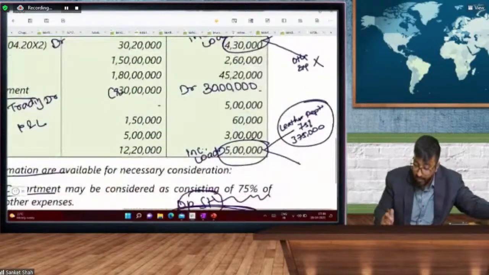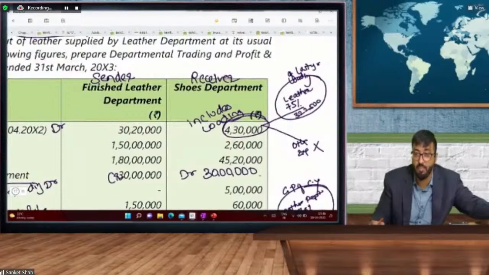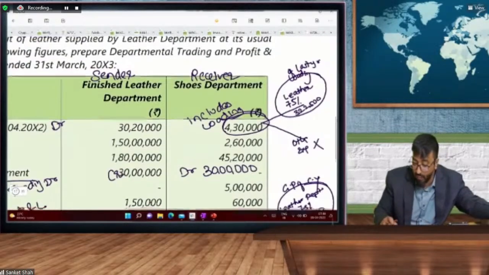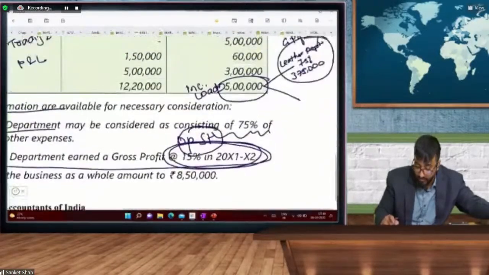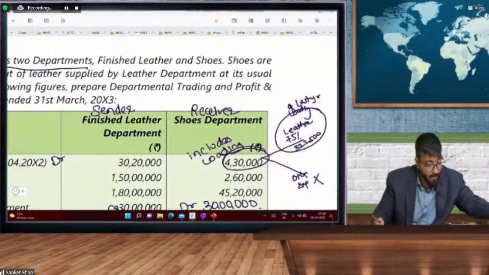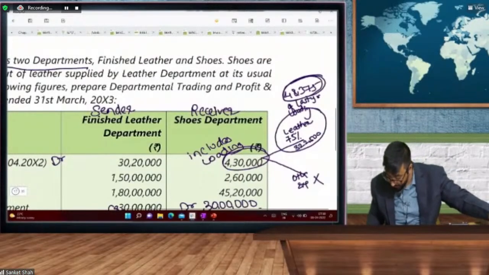And beta, here GP of current year, so in closing stock, current year GP. So 3,22,500 into 15% is 48,375. So this is the GP.